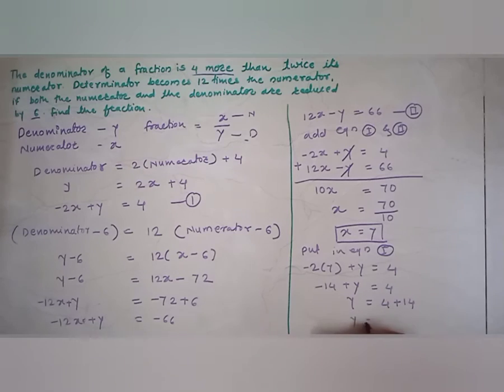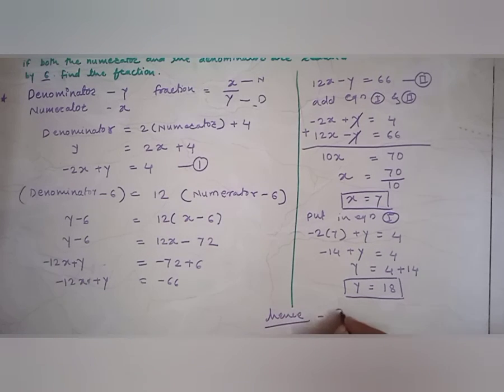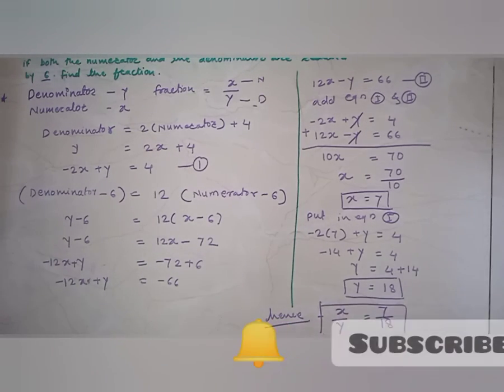We get y is equal to 18. In this way we can find the values of x and y. The fraction x divided by y is equal to 7 upon 18. This is our answer.